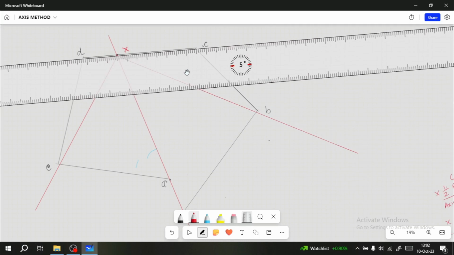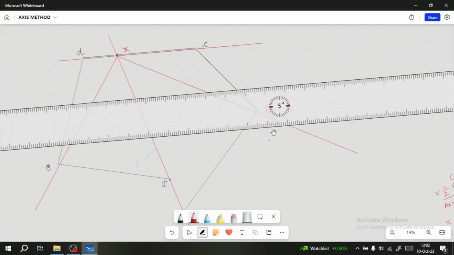It is the same line, I am just extending it.